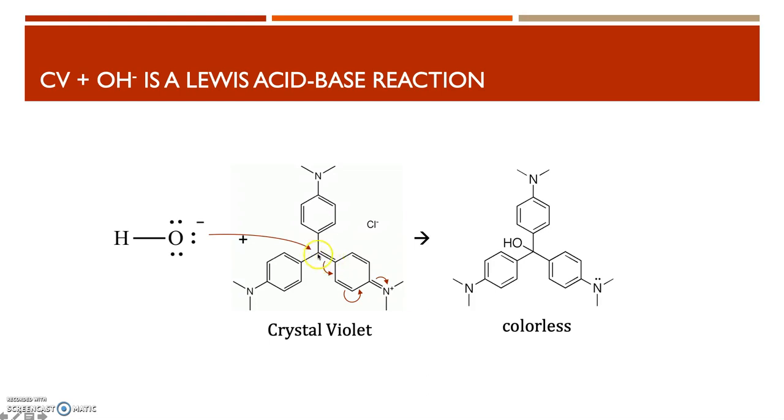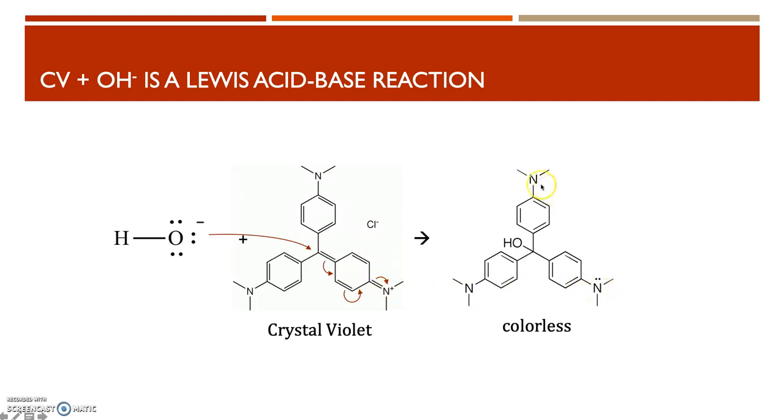And now electrons get pushed so that these 2 electrons in the double bond that are being shared here are now going to be shared between these 2 carbons. And that's going to push these electrons that are shared here to these 2 carbons, right? Just the pi electrons that are being shared, not the sigma bonds. Okay, and that's going to push these electrons into a lone pair on the nitrogen.